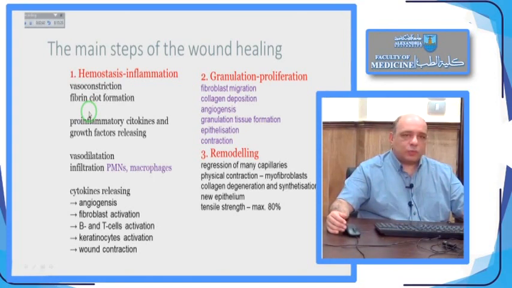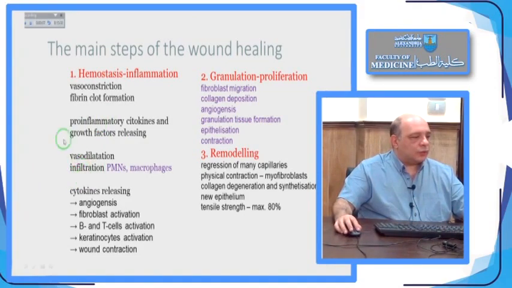The second and very important function is to modulate the healing process. After the macrophages arrive, they begin to produce pro-inflammatory cytokines and growth factor release, which will mediate all the process afterward.